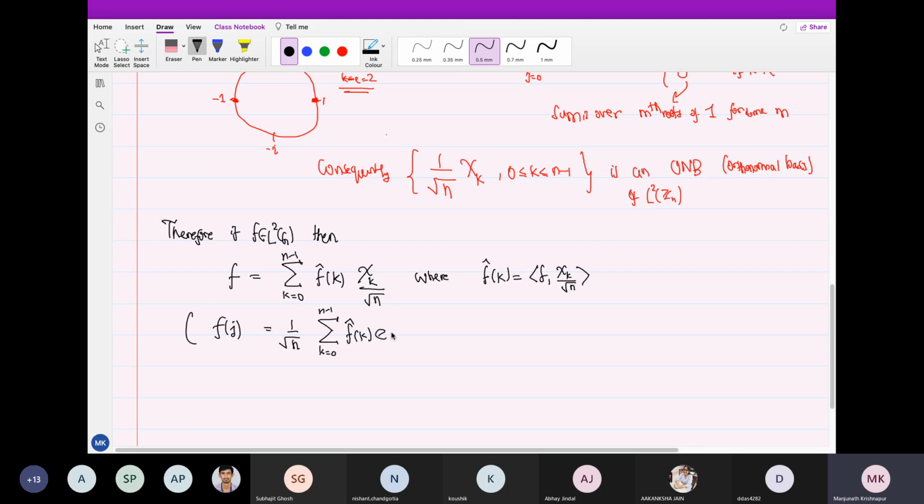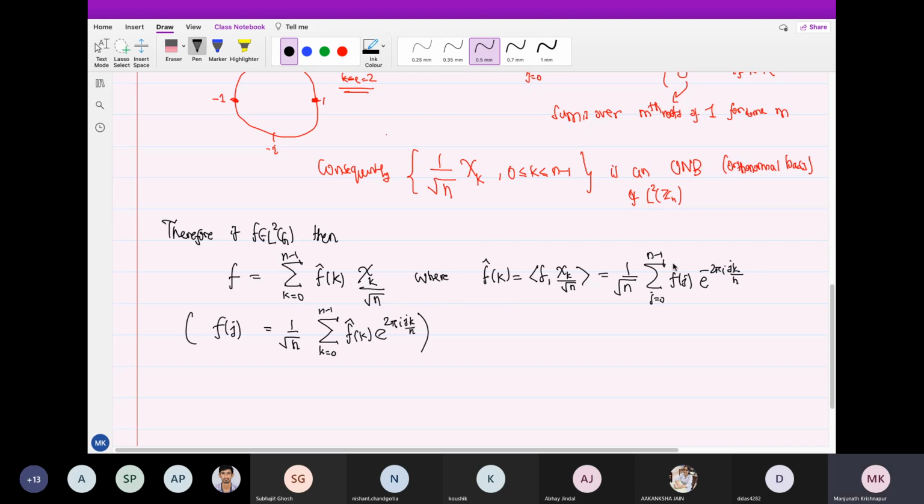Chi k of j is e to the 2 pi i jk by n. Whereas f hat of k, you can also write this out: that is 1 by square root n times the inner product, which is the sum over j equals 0 to n minus 1, the group elements, of f of j times the conjugate, e to the minus 2 pi i jk by n.